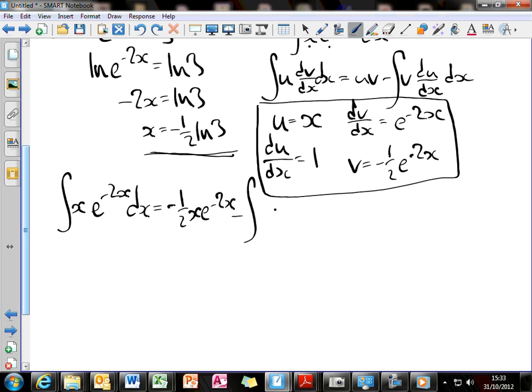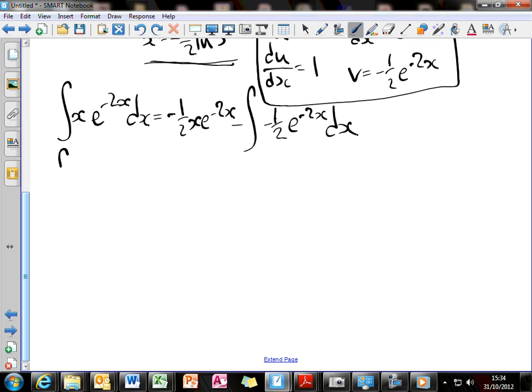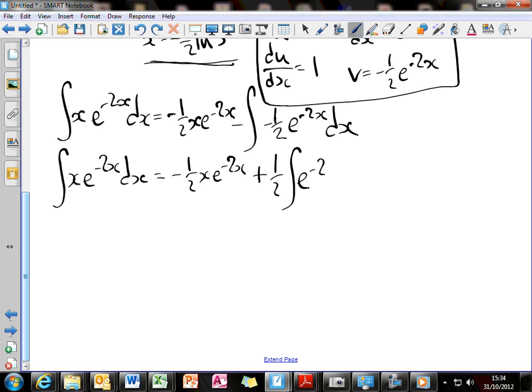Well, du dx is just 1, so it's just the integration of minus 1/2 e to the minus 2x dx, which is a lot easier than the integration we had to start with. So this is now the same as minus 1/2 x e to the minus 2x. I'm going to take this coefficient out, so this is going to be plus 1/2 the integration of e to the minus 2x dx.